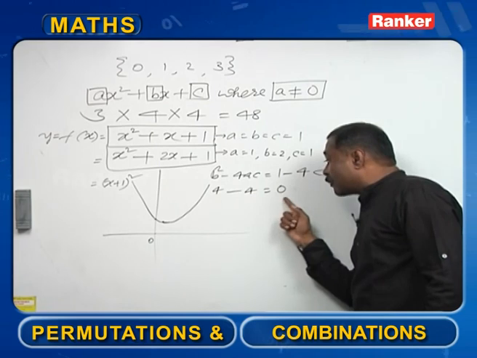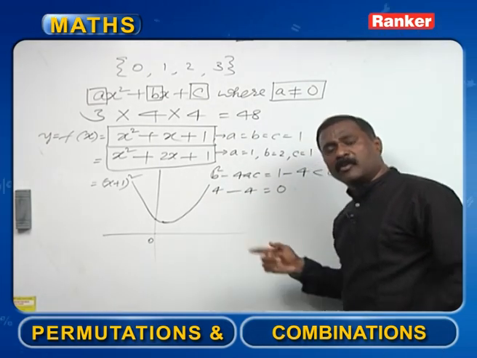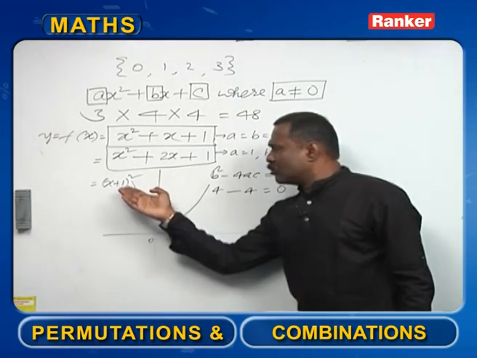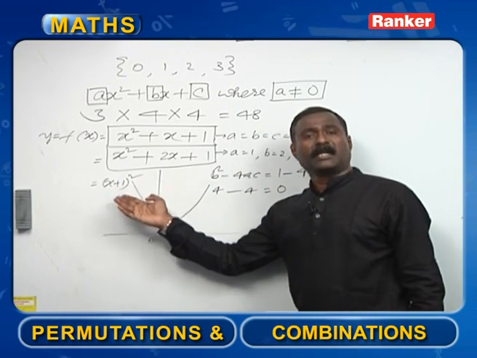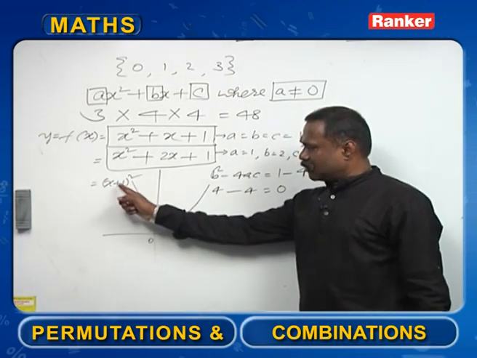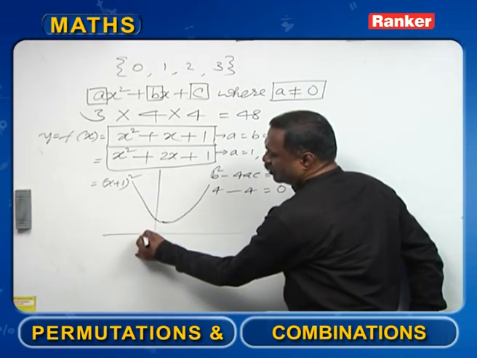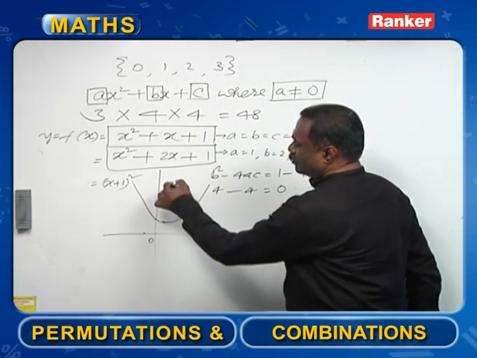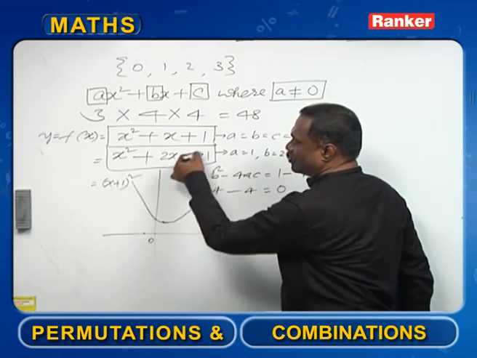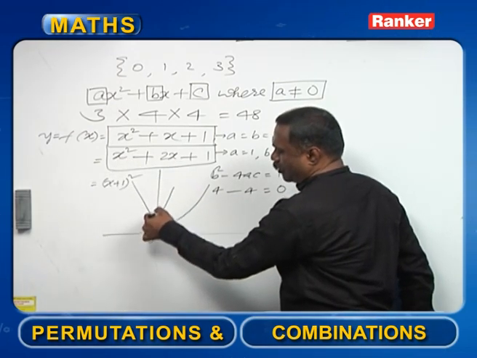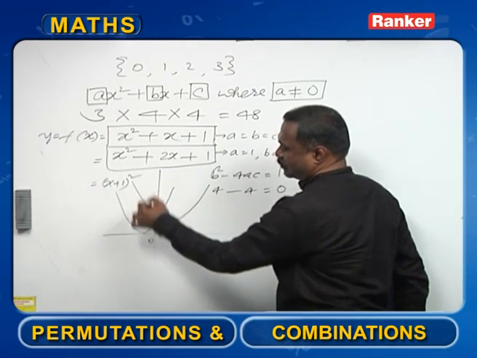If you see this carefully, when the discriminant becomes 0, the roots are equal. What are the roots in this case? Minus 1, minus 1. You can see that x plus 1 whole square is equal to 0. If you equate, then minus 1, minus 1. So if you put x equal to 0, it is 1. It will go like this.